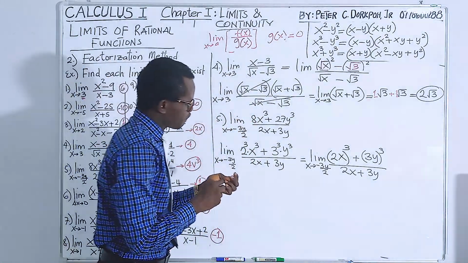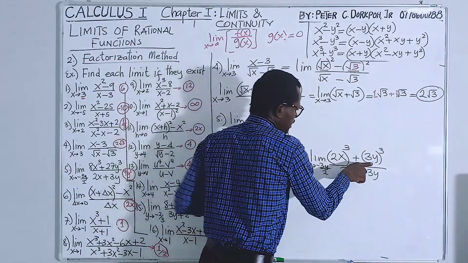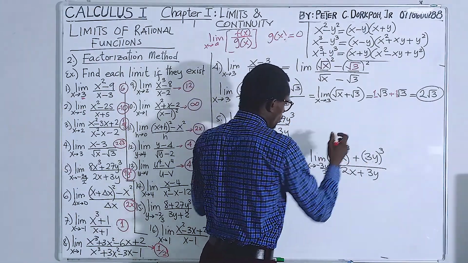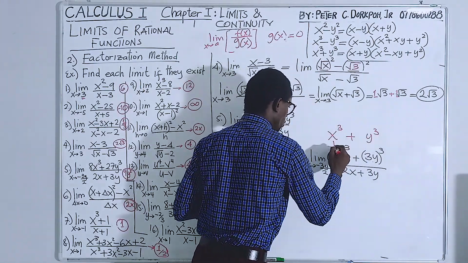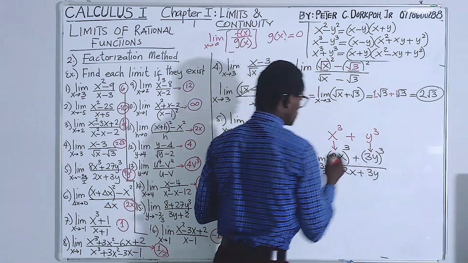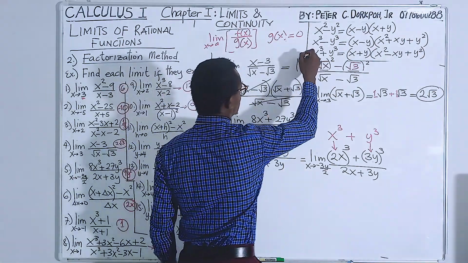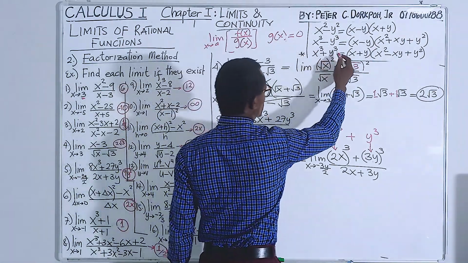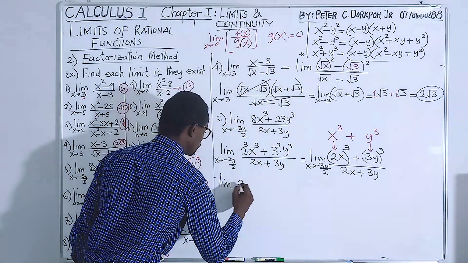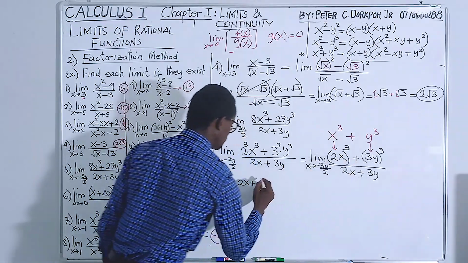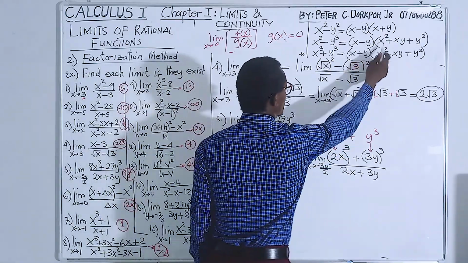So now we see how best we can factorize the numerator expression. If we look at this numerator expression, it's just in the form of x cubed plus y cubed. So this whole thing in here is representing our x and this is representing our y. Therefore, we can factorize it like this: x cubed plus y cubed equals x plus y. What is our x now? Our x is 2x. So you have 2x plus our y now is 3y, times x squared.